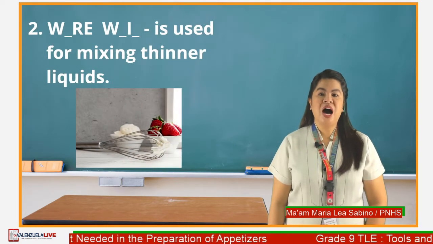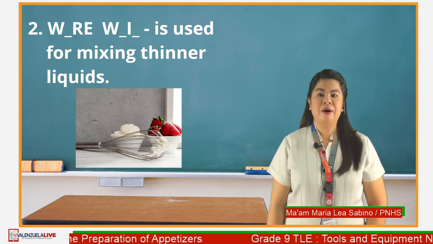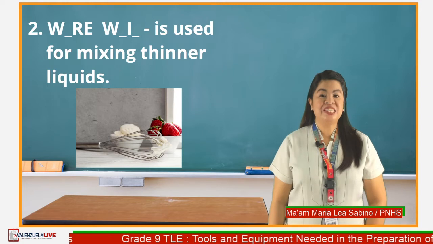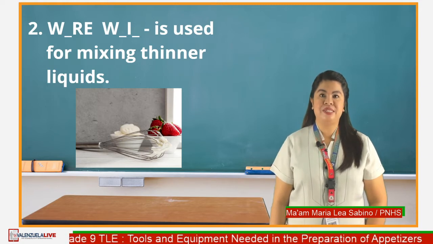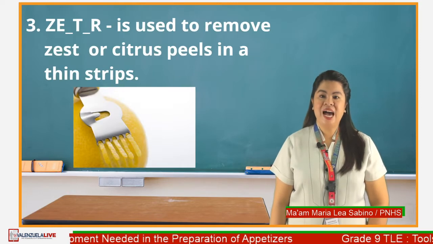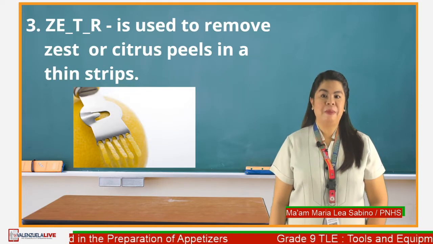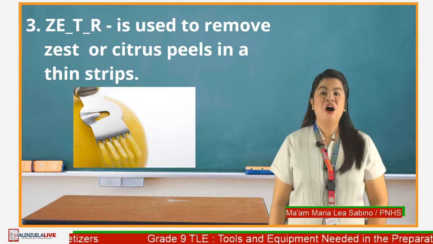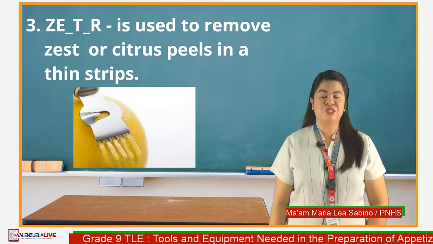Number 2, W R E, W blank I W is used for making thinner liquids. Number 3, letter Z, E blank, T blank R is used to remove zest or citrus peels in thin strips.